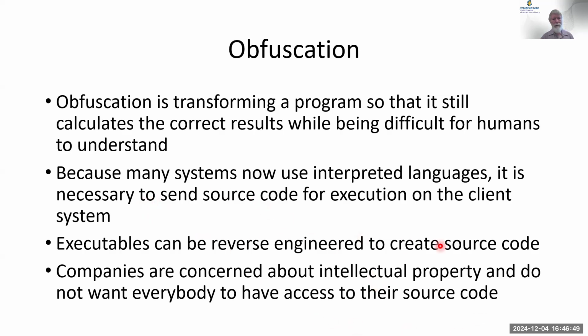So even though it executes, it's more difficult to figure out exactly what it was doing. Companies do this because sometimes they don't want their source code out, so they obfuscate it. If somebody reverse engineers it, it doesn't look nearly as good. And of course, you do simple things like not using the debug option, so it doesn't save the variable names and the locations, so people don't have that kind of information.